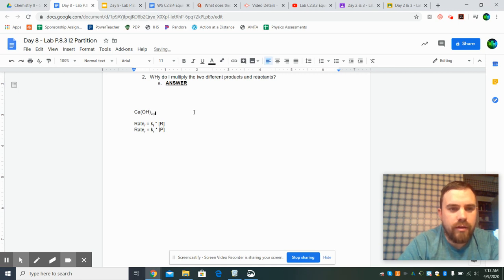Ca(OH)2 as a solid. And then I could do the equilibrium arrow, but I can't really do that very well other than like this. And then I could say that's like the calcium ion in the aqueous state, aq, plus 2 hydroxide ions in the aqueous state.